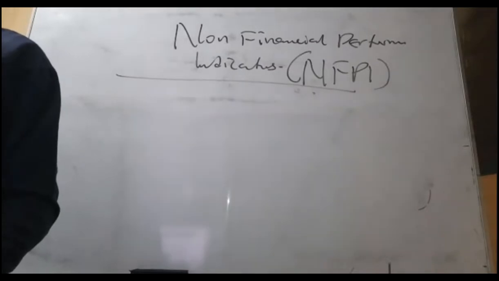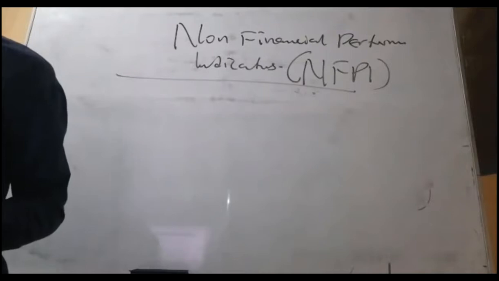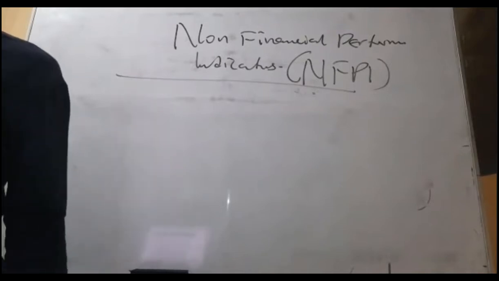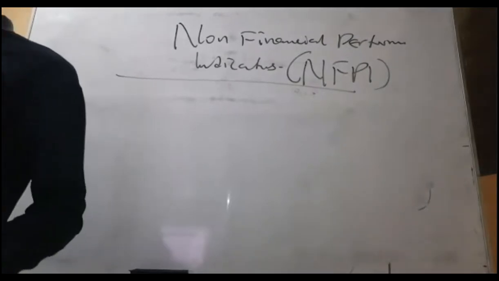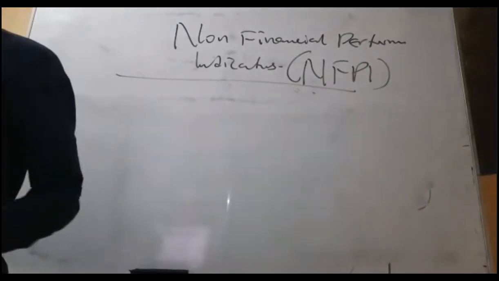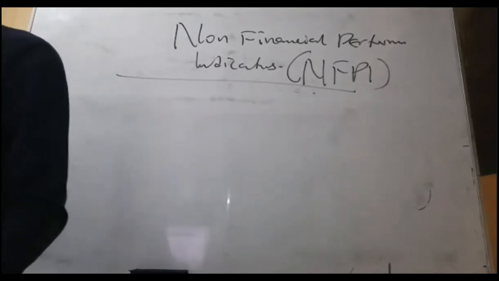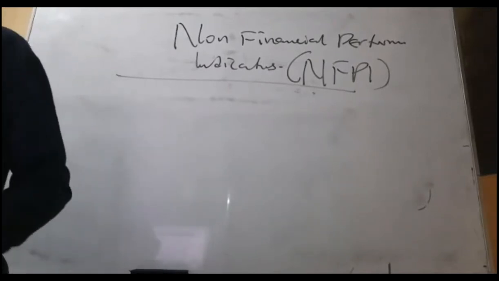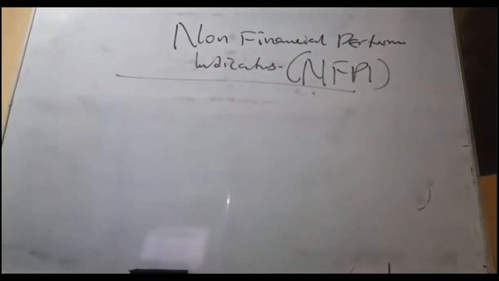Great. So now let's continue. Here is a very important section. As a manager, or in management accounting, we don't consider only the financial aspect. We consider both the financial and non-financial. So here we are going to consider the following items, very critical.